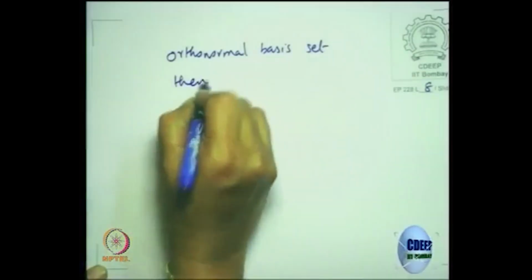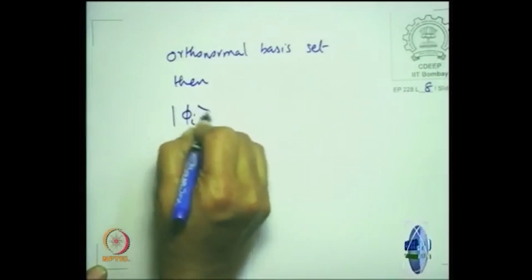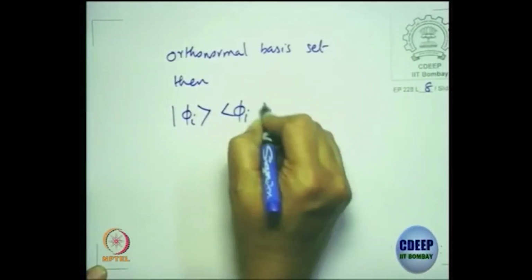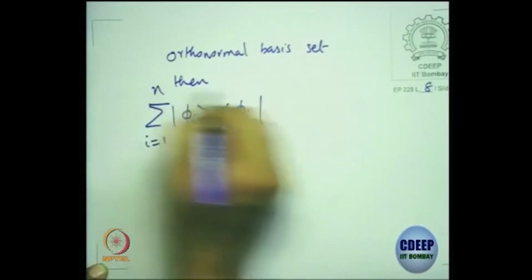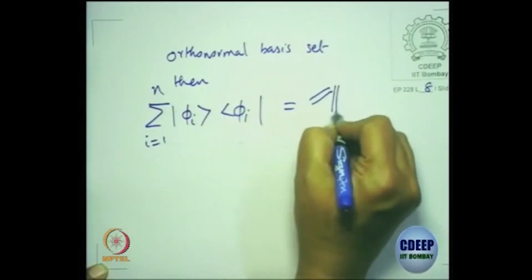So, if I say orthonormal basis set, then summation over i from 1 to n of |phi_i><phi_i| has to be an identity operator.